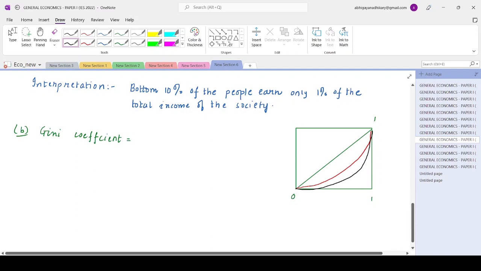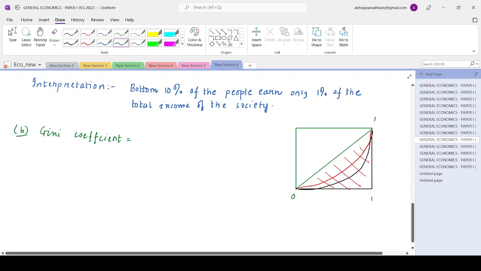What is the completely unequal situation in the society? When only one person, the richest person, has the entire income and the rest don't hold anything. Then the Lorenz curve would coincide with the right edge and the lower edge of the box. That is a measure of the maximum possible inequality.